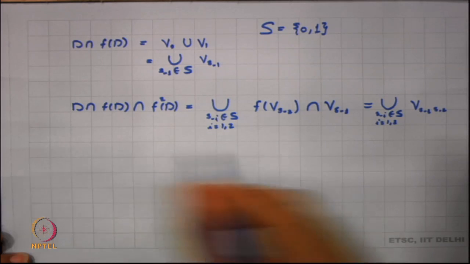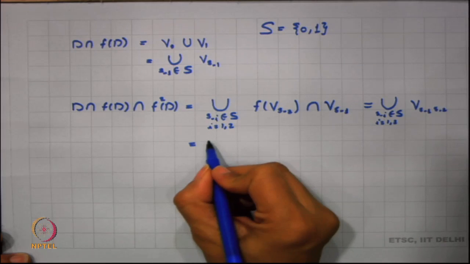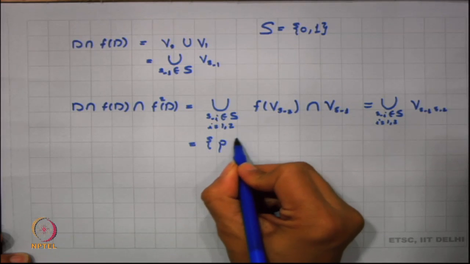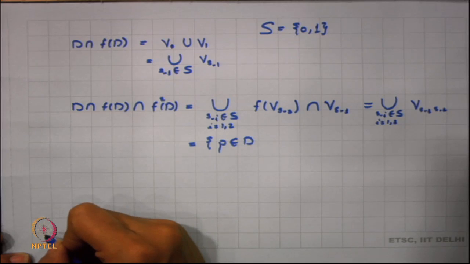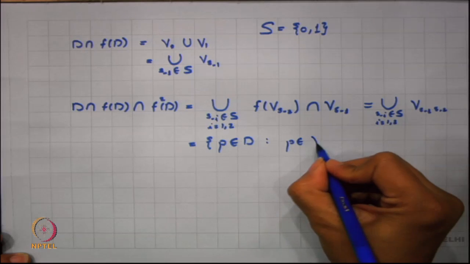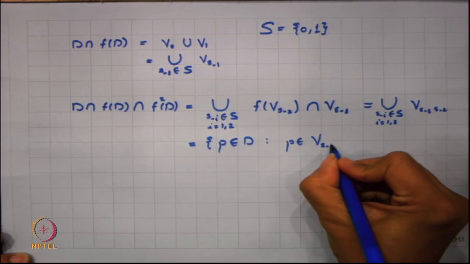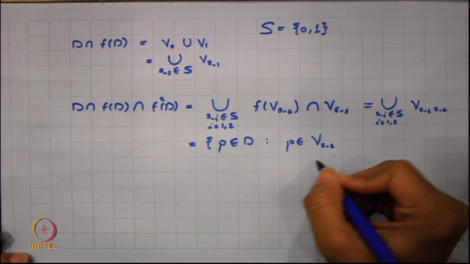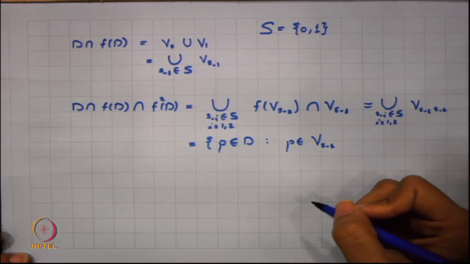What is this set? If we look into this set, I am essentially looking into all the points P in D such that P belongs to the vertical triangle V S minus 1, and we know that the image of a vertical triangle is a vertical triangle.